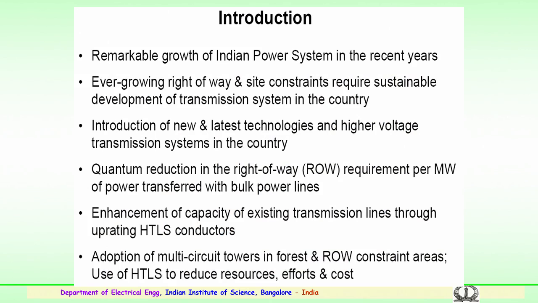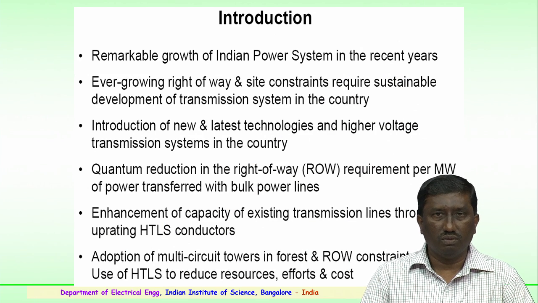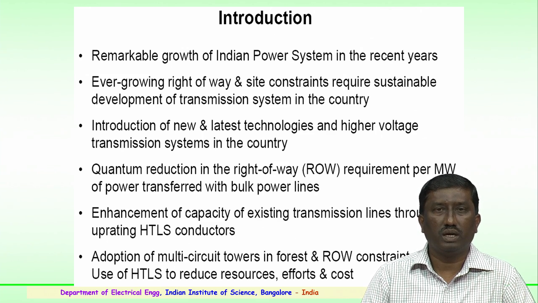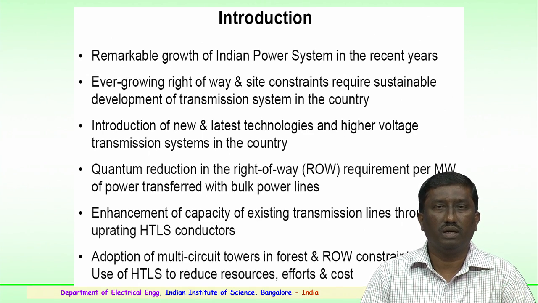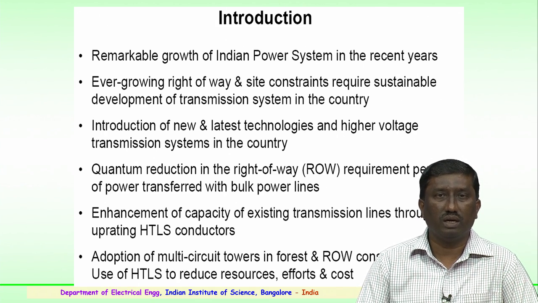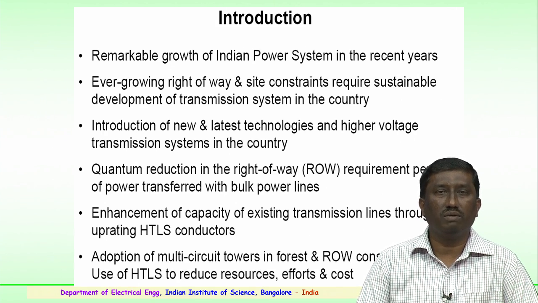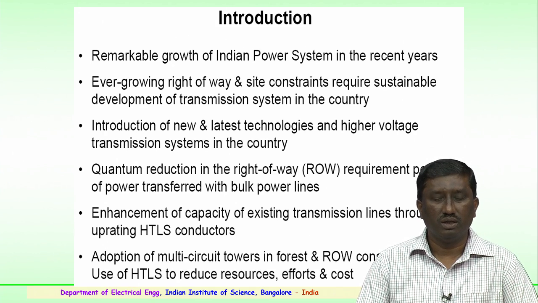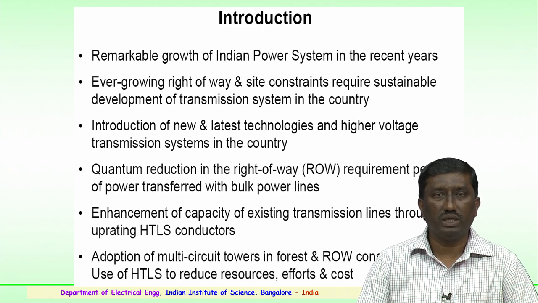We know there has been remarkable growth in the Indian power system in the recent decade. In terms of voltage levels, the country is already operating lines at 765 kV AC and 800 kV HVDC, and as mentioned earlier in the lectures, a 1200 kV experimental line is already in progress.